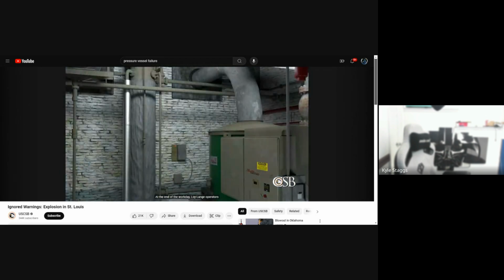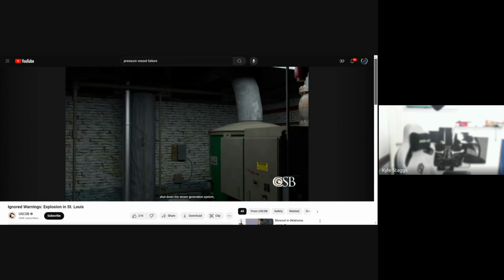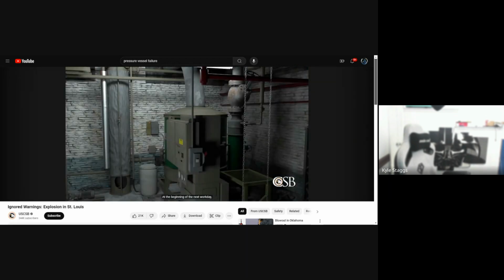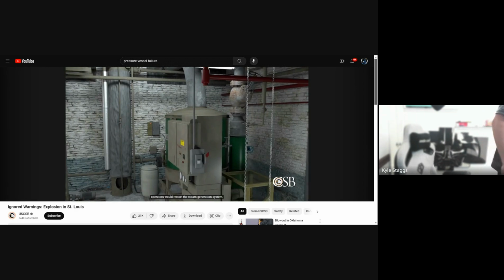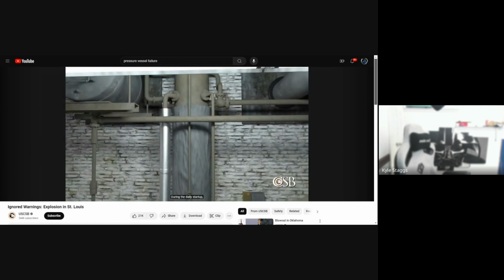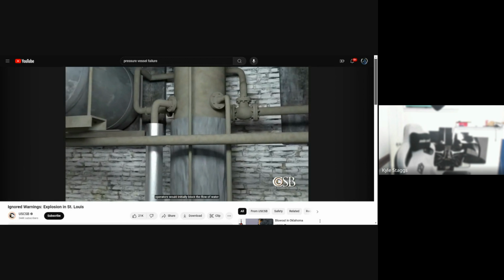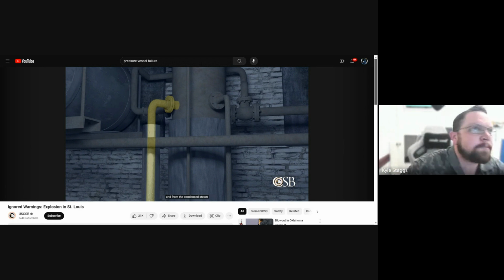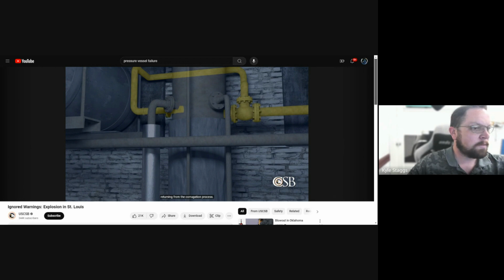At the end of the workday, Loy Lang operators shut down the steam generation system, leaving the SCR filled with warm water. At the beginning of the next workday, operators would restart the steam generation system. During the daily startup, operators would initially block the flow of water into the SCR from both the makeup tank and from the condensed steam returning from the corrugation process.